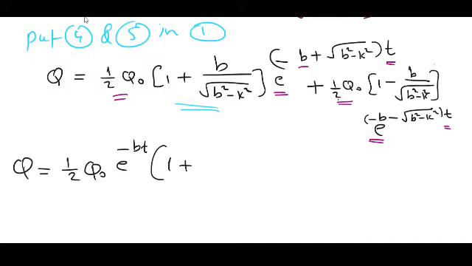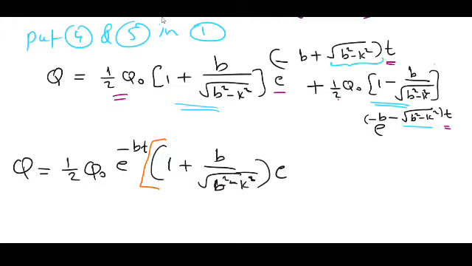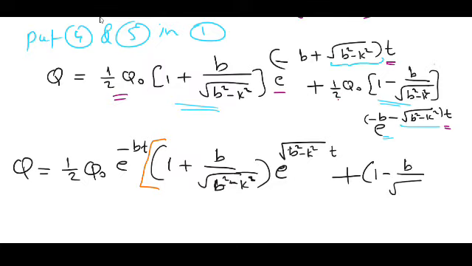Therefore I put a square bracket here: 1 plus b by root of b square minus k square into e power root of b square minus k square into t, plus 1 minus b by root of b square minus k square into e power minus root of b square minus k square into t.